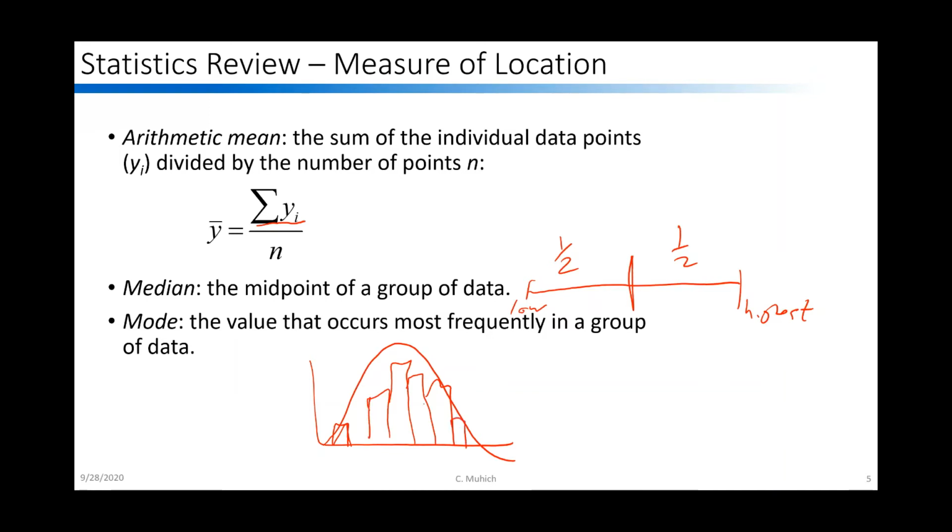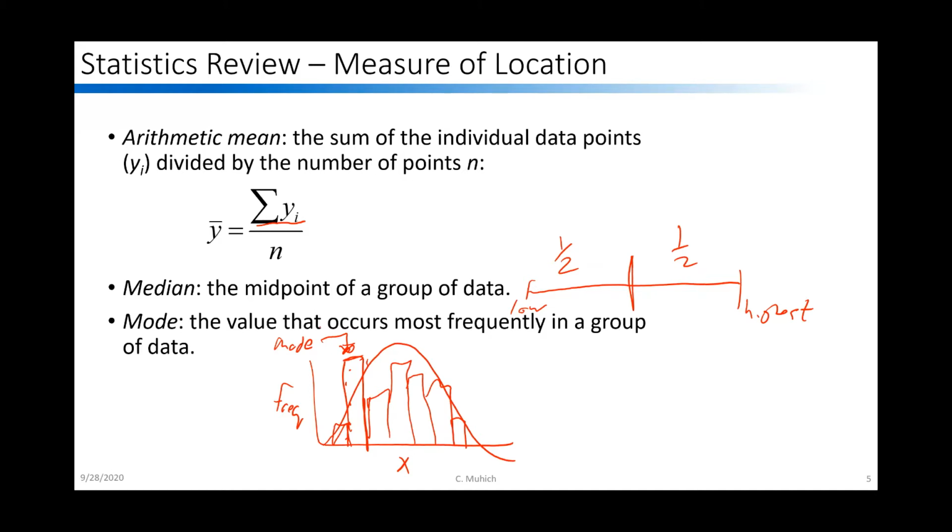So maybe this is the data, but at this one point, say here, it has the most number of occurrences. So this is the frequency. Next, this would be the mode, right? Which value has the most occurrences?